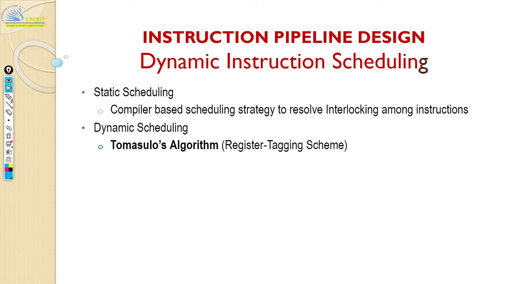Okay, so it's purely dynamic, so nobody knows at what time which resource is going to get released, right? So it's not known at the compile time. So inside the processor, inside the CPU, the pipeline itself, you bring in this kind of a schedule. Okay, so that's your dynamic scheduling.